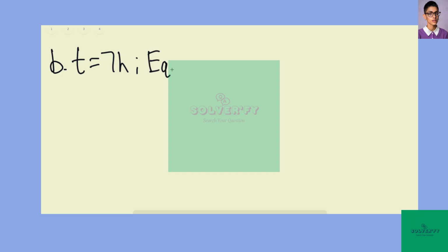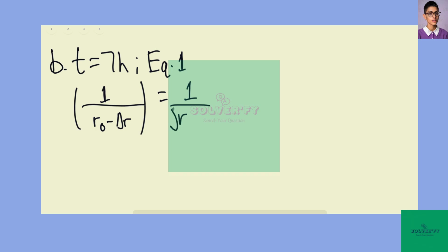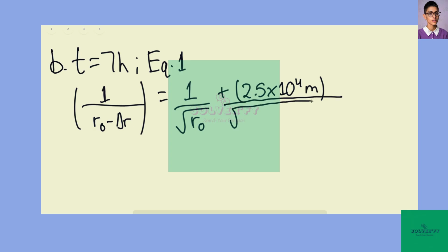So from equation 1, we have that 1 divided by the square root of r naught minus the change in r equals 1 over the square root of the original distance plus 2.5 times 10 to the 4th meters divided by t times the square root of GM_e.